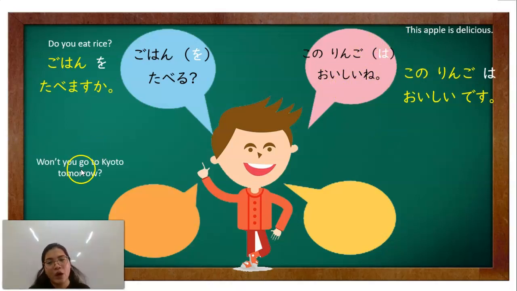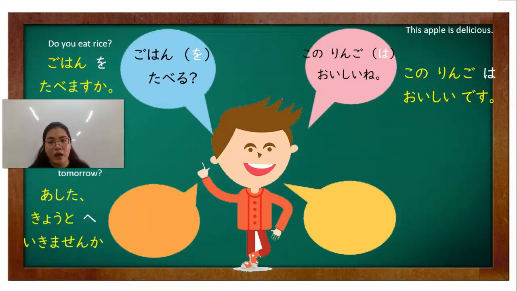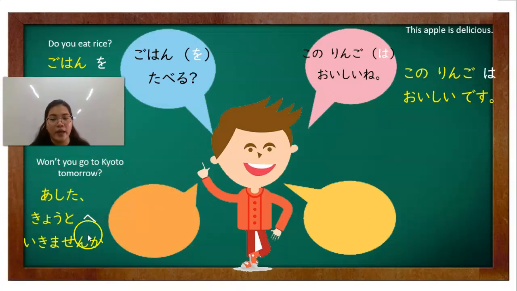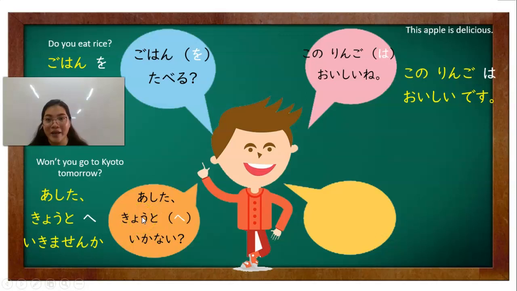Another, won't you go to Kyoto tomorrow? Ashita, Kyoto e ikimasen ka? While on a plain style, you will say, Ashita, Kyoto ikanai? So, minsan nawawala si particle e. Okay?